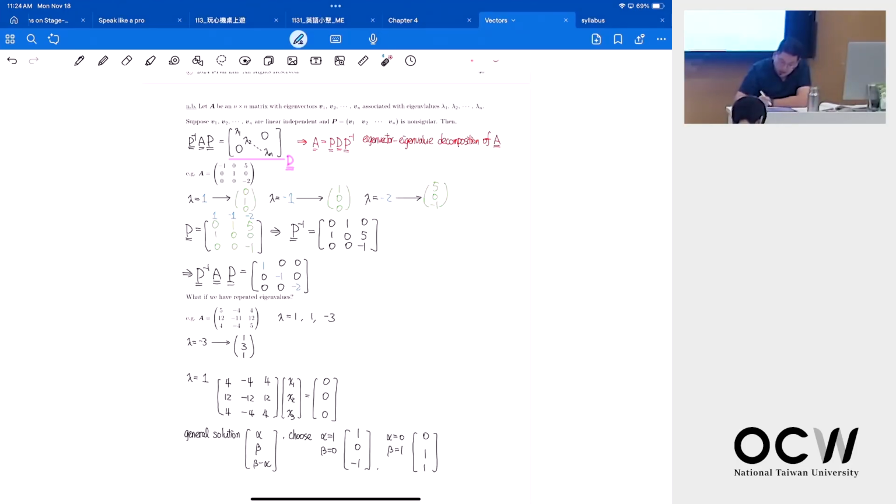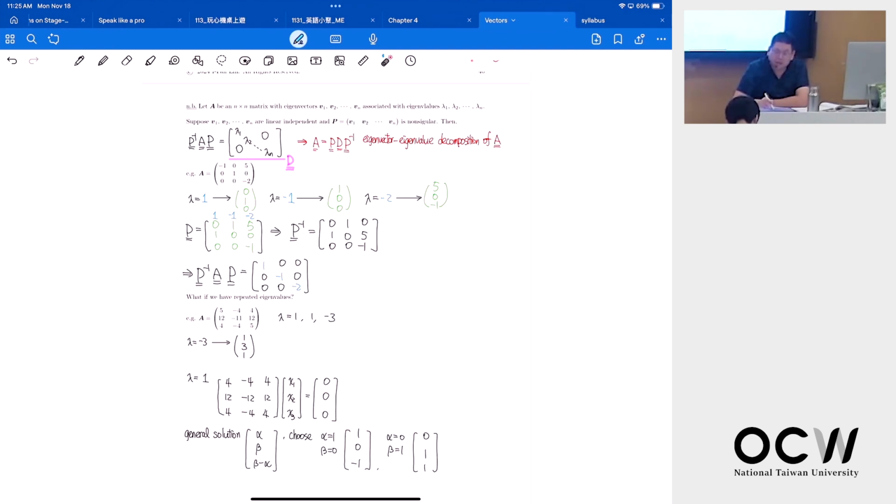To find the matrix P that can diagonalize A, my P should be non-singular. That means for the eigenvectors, those eigenvectors should be linearly independent.